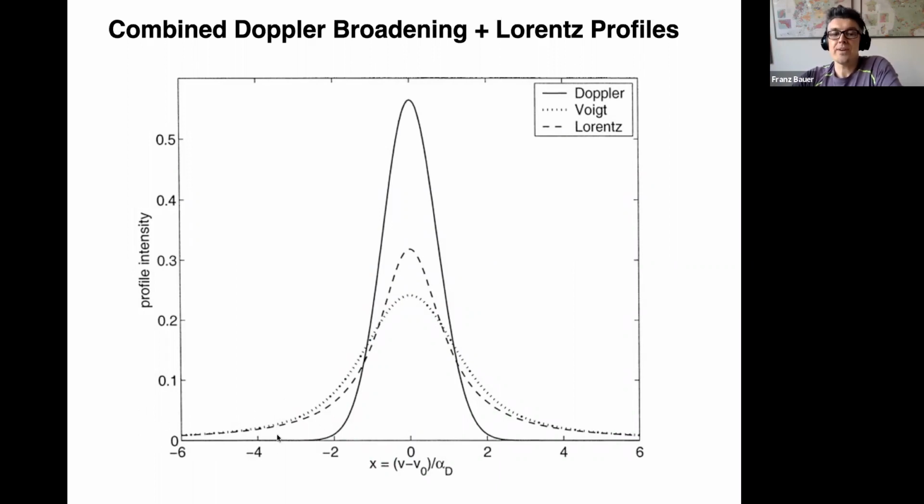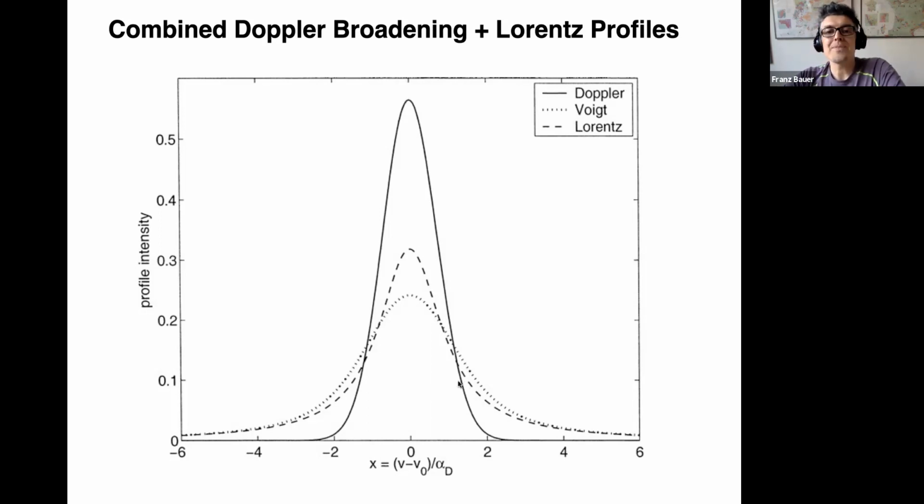It's very difficult to see this, but maybe if you have enough signal to noise at 2 times the width of the line, you might be able to say, oh, I have a Lorentz dominated profile or a Voigt profile or a Doppler dominated profile.